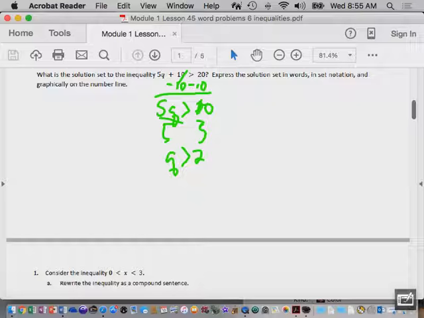Well, when you solve an inequality, you're not getting one possible numerical solution, you're getting an infinite number of numerical solutions. In this case, the solutions are any number that's greater than 2. 1,000,000 is a solution. 2.00001 is a solution. 2 and 1 billionth is a solution. 2 is not, because 2 is not greater than 2.